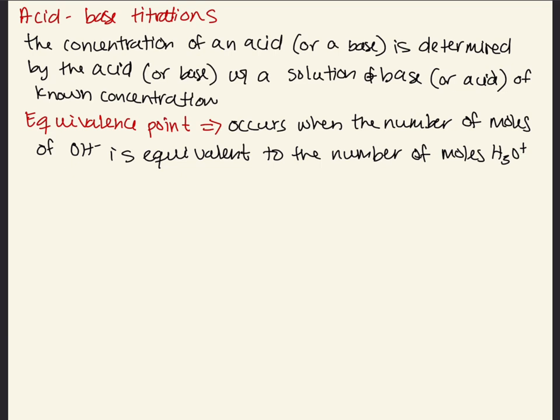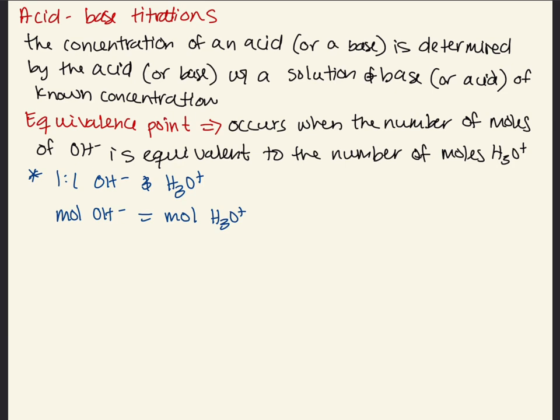So if you have a 1-to-1 mole ratio between your acid and base, then what that means is the moles of your base are going to be equal to the moles of your hydronium ion. So a lot of times with this definition of the equivalence point, you'll see it as the number of moles of hydroxide are equal to the number of moles of hydronium ion. And that's only true when it is a 1-to-1 mole ratio.